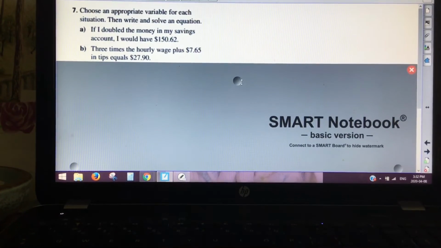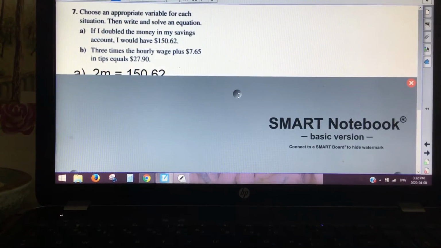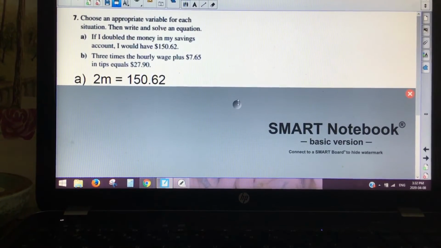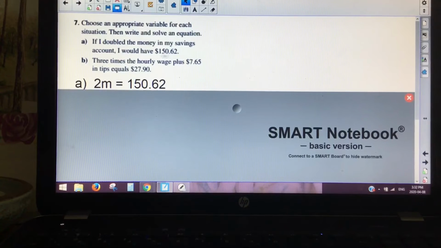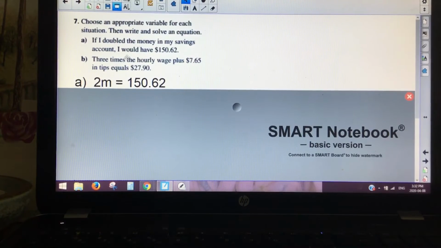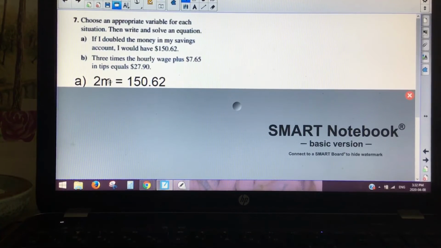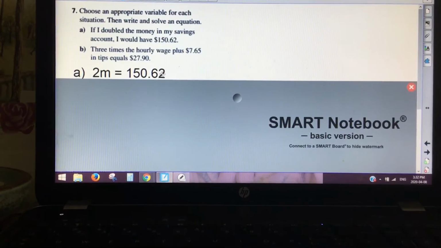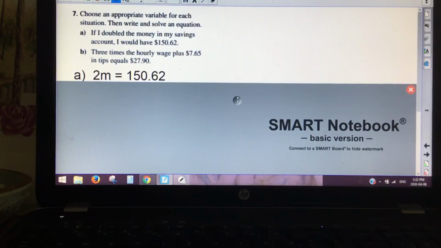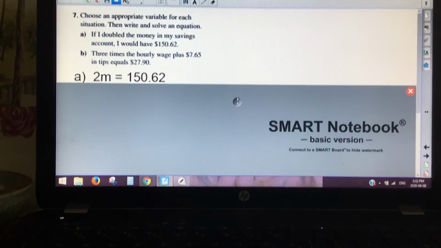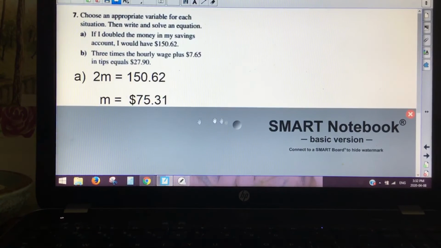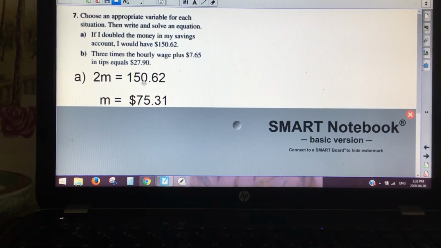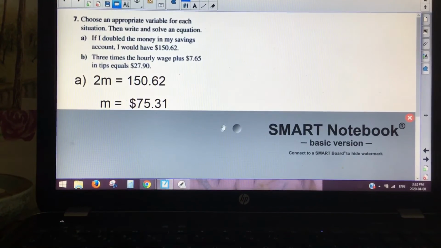And now we'll take it up. If I doubled the money in my account, I'm going to use the variable m for money. 2 times m would be doubling my money. It's equal to $150.62. I don't want 2m, I want 1, so I would divide the left and the right both by 2, so m is worth 75.31.